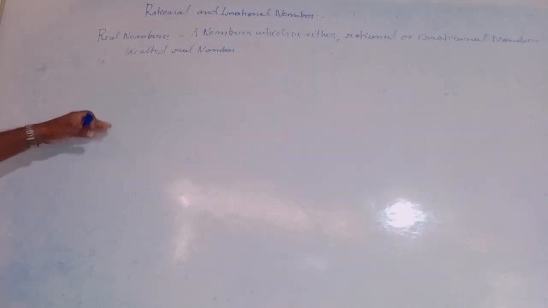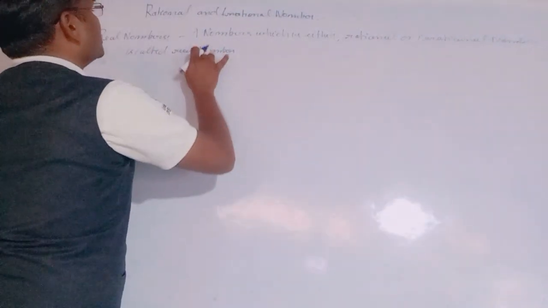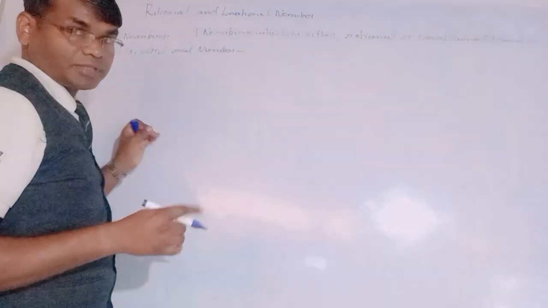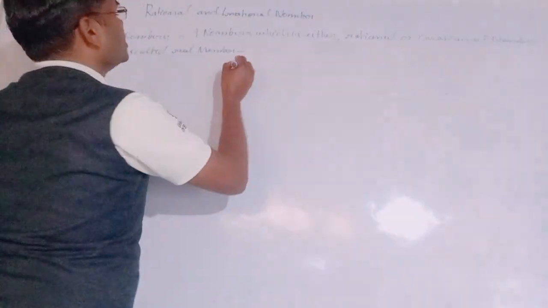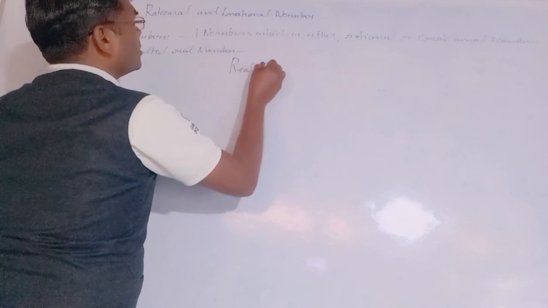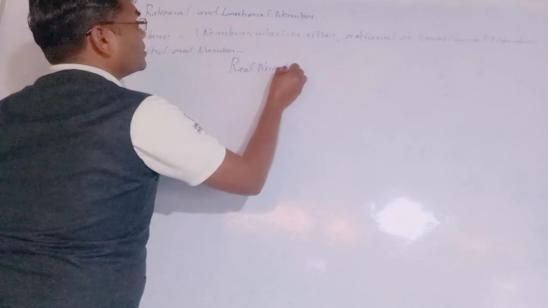With the help of diagrammatic representations, we will try to find out the relations of the real numbers. So with the help of ray diagrams, here are the real numbers.